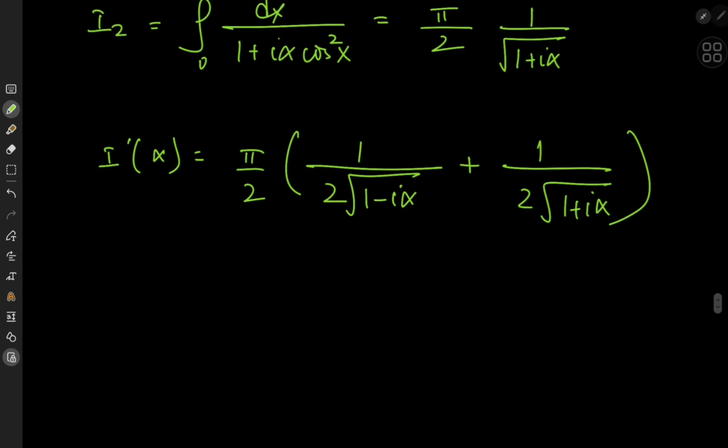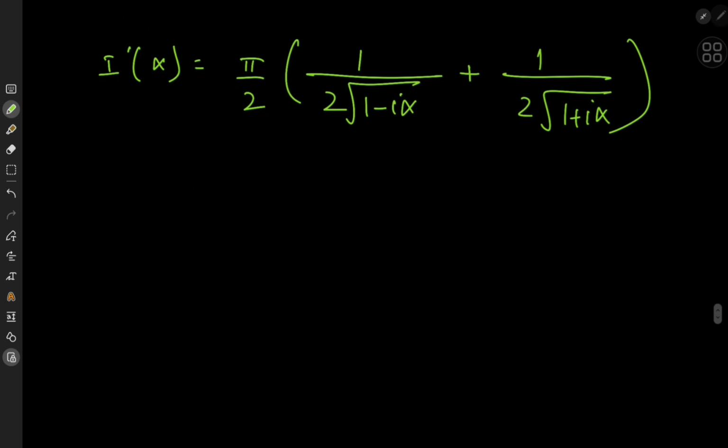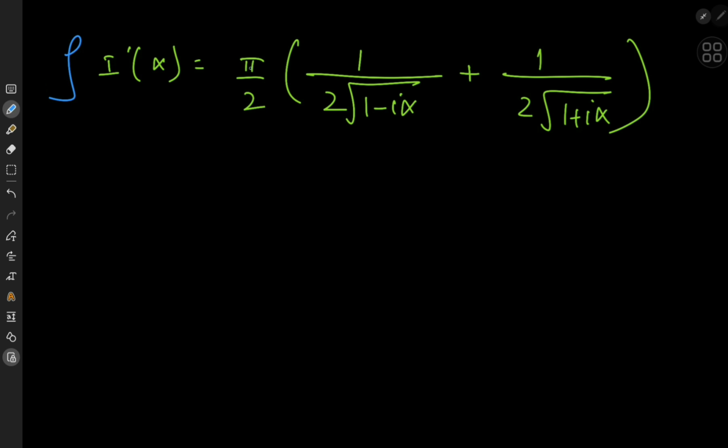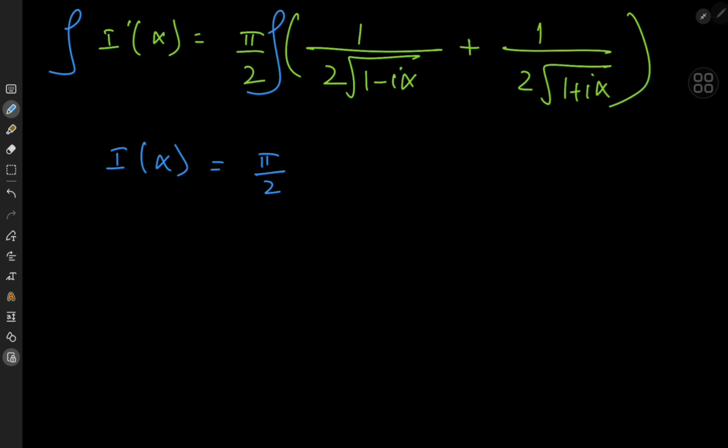Okay, so I have the derivative of the integral function now completely in terms of the parameter, meaning it's time to recover back the integral function by integrating with respect to alpha. So on the left, I have I of alpha, and here I have pi by 2 times a couple of integrals here that are pretty easy to evaluate. So I'm going to be left with root 1 minus i times alpha divided by i plus, negative sign because of the derivative being negative i.